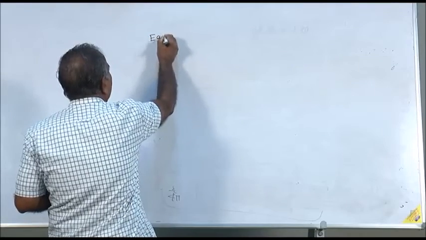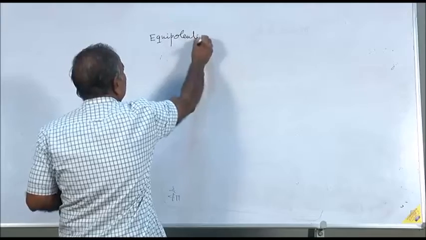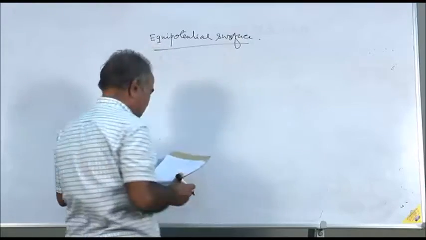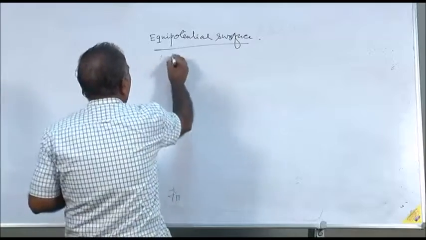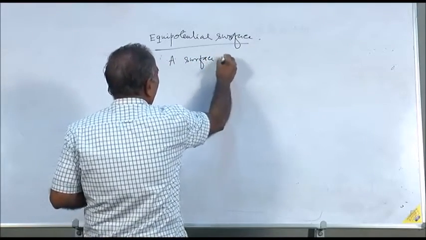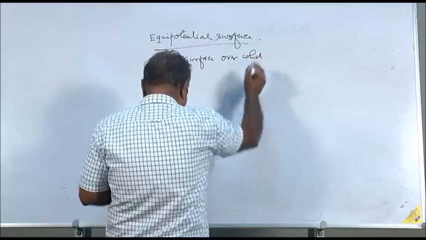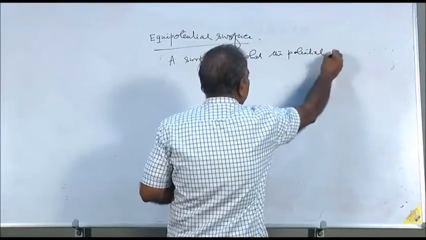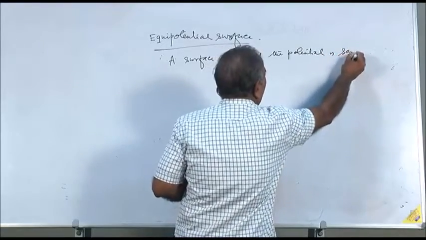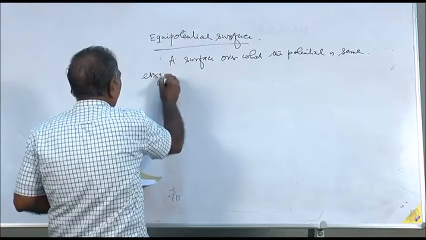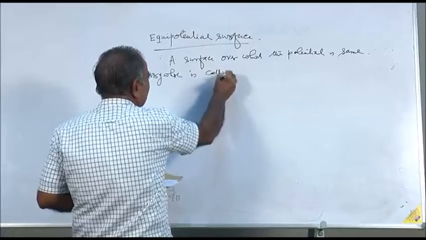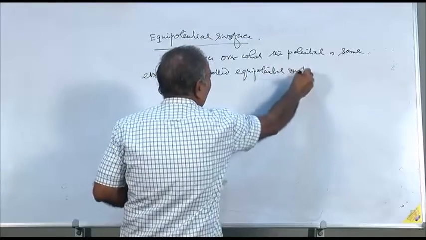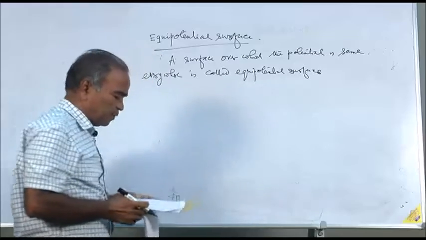A surface over which the potential is the same everywhere is called an equipotential surface. The surface where the potential is same everywhere, that is called an equipotential surface.